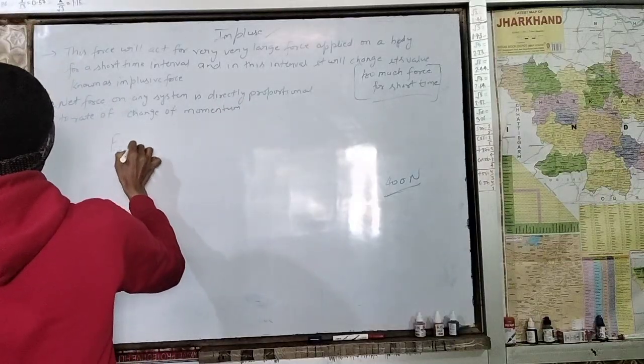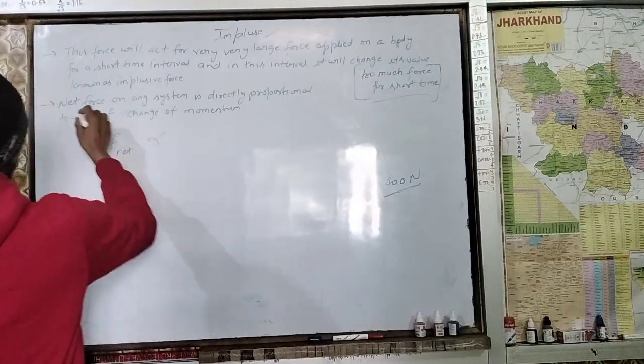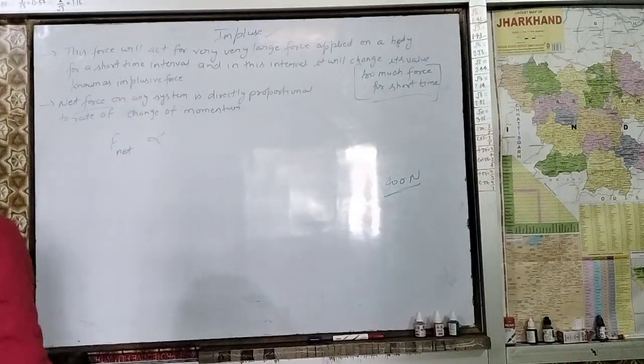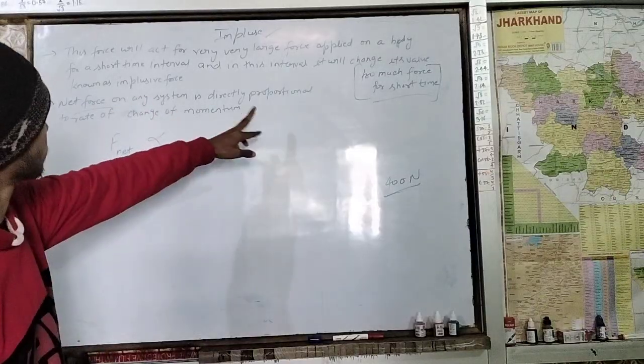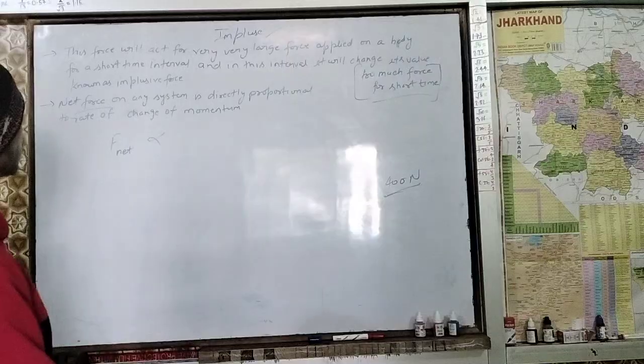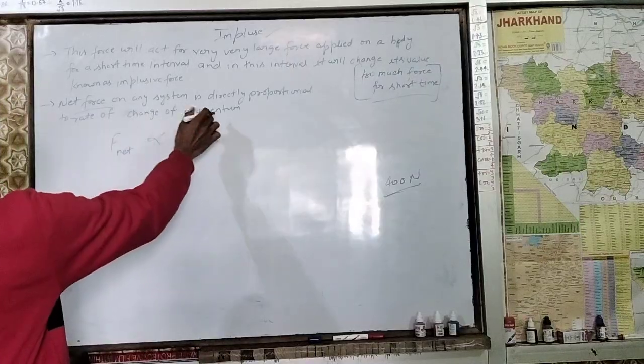Hence, F net, the net external force on a body or any system, is directly proportional to the rate of change of momentum.